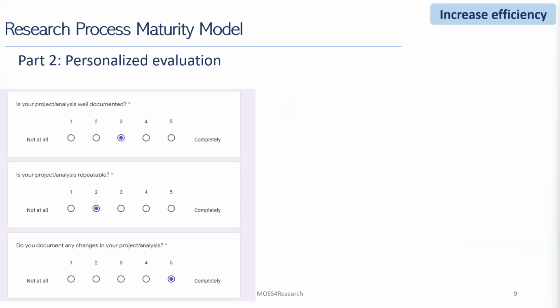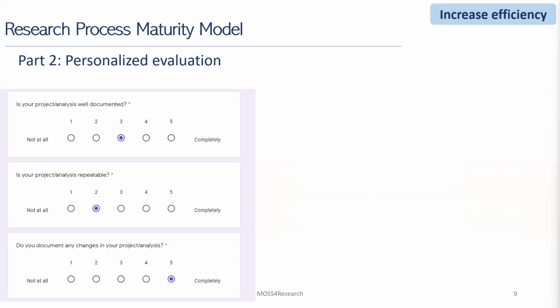And after having assessed the maturity level and having a score, part 2 of the model includes personalized evaluation, which provides recommendations to improve individual components that were not scored high enough, particularly those scored 3 or below.